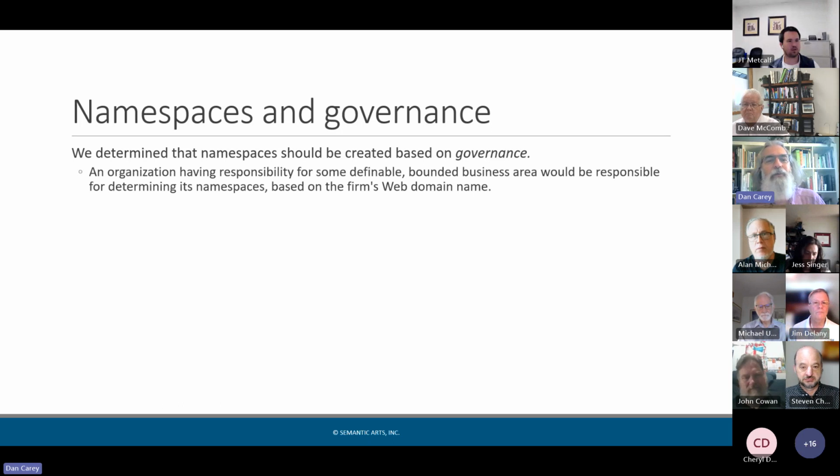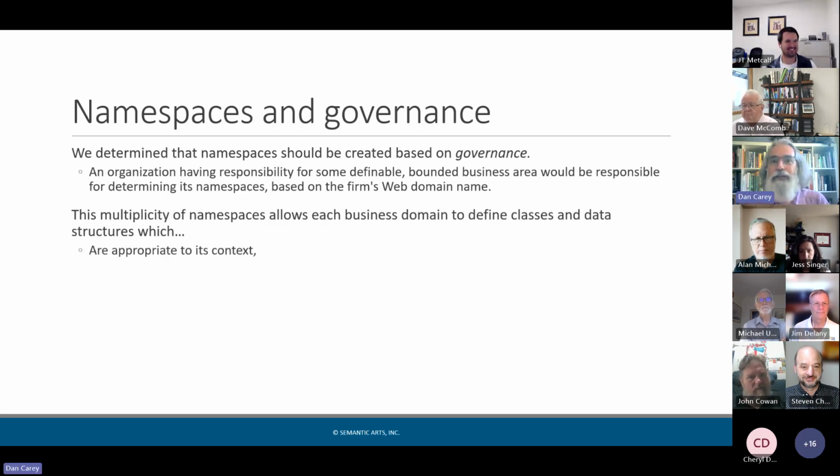So an organization that's got some definable bounded business area, if they could claim responsibility for determining the namespace for that area, and then all of these namespaces would be based upon the Morgan Stanley web domain name, which is ms.com. How they beat Microsoft to that is still boggles my mind.